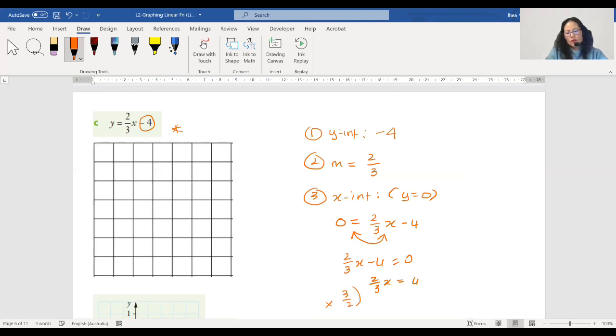If you want to make this part 1, you just times by the reciprocal. Okay, so when you do that, you will get x. On your right-hand side, it'll be 3/2 times 4, and you put that in your calculator, you will get 6. Okay, so I've got that, and let's have a look.